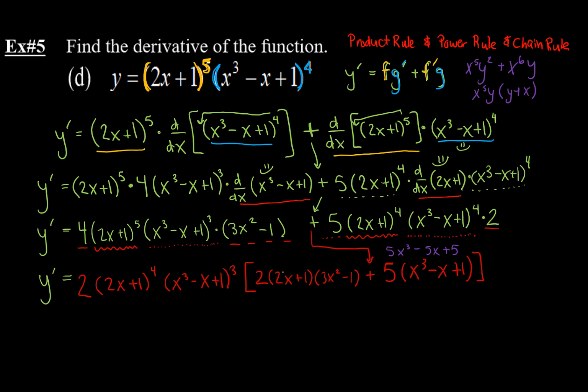So I'm going to get 6x cubed times 2, which is going to give me 12x cubed. 2x times negative 1 times 2 is negative 4x. And then 1 times 3x squared times 2 is 6x squared. I said cubed, I meant squared. And 1 times negative 1 is negative 1, times 2 is negative 2.